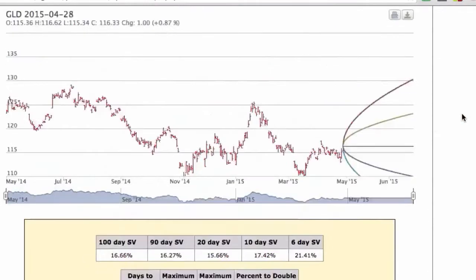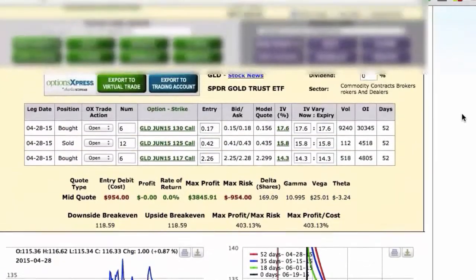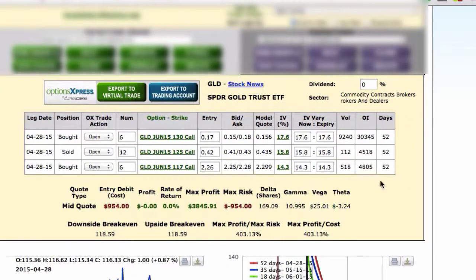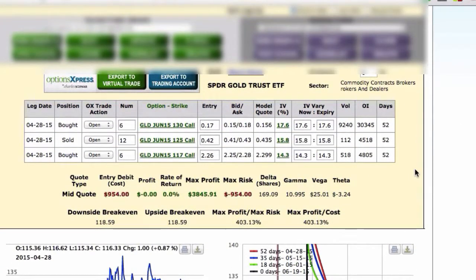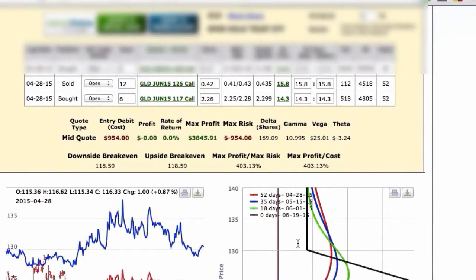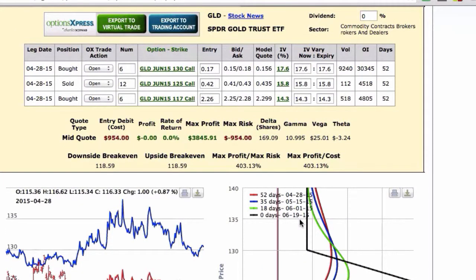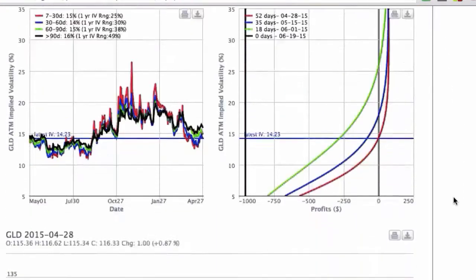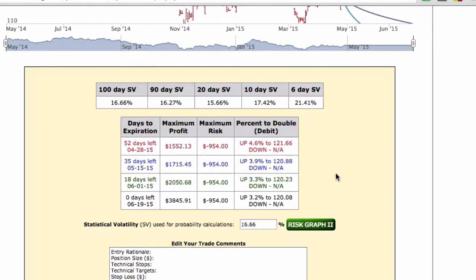Now, we are using shorter term options for this position. In this case, we only have 52 days to options expiry, so our options would expire somewhere around the 19th of June 2015. So we are using short term options, and we can see this position doubles a lot quicker. So I like this one better.